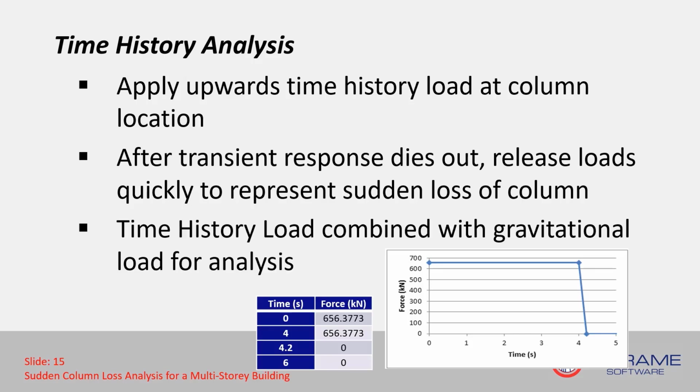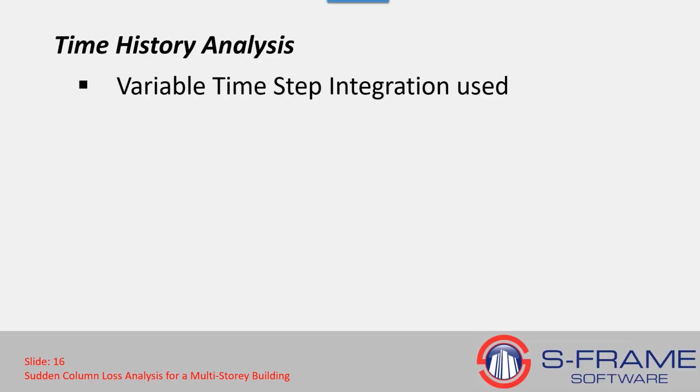All the actual load that will have been applied at the column will then be removed, going back to 0. When we run a time history analysis, we're going to consider both the time-dependent loading, as we can see at the bottom of the screen, and the self-weight load case, which is representing the gravitational load. When we run the time history analysis, it's important that we use the correct time step integration. For this case, we have a sudden removal of a column, and we need to be able to capture this behavior in our analysis.